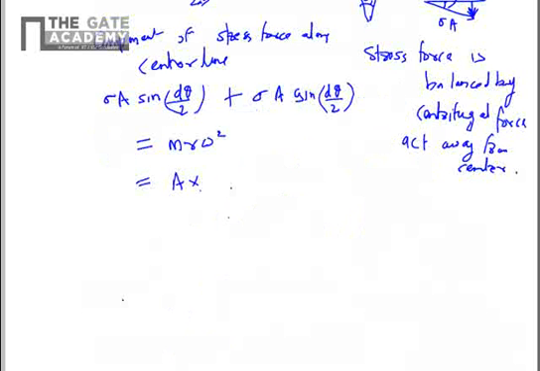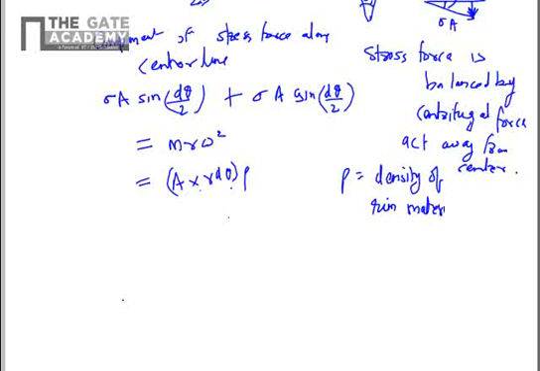So A into r d theta is the volume of the rim element, multiplied by rho, where rho is the density of the rim material, multiplied by r omega square. These two forces, the stress force and the centrifugal force, should balance each other.